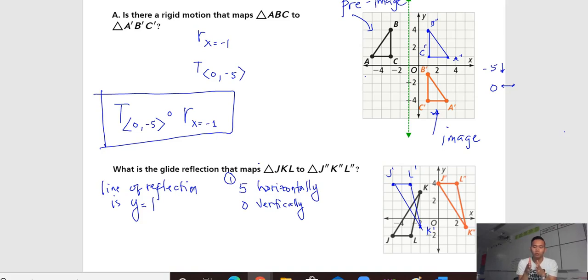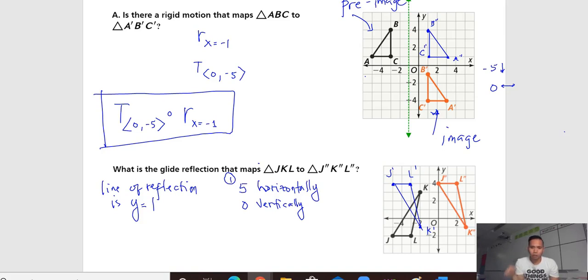Make sure that all the movements are equal for every single point. Meaning if one point moves 5 units, then all of the points must move 5 units, right? So this is the first thing you have, from black to blue.